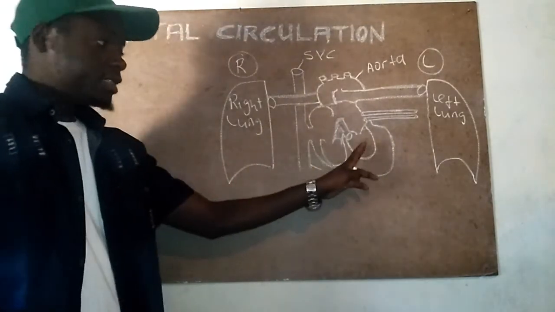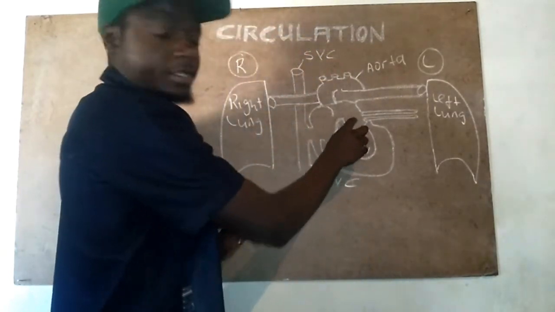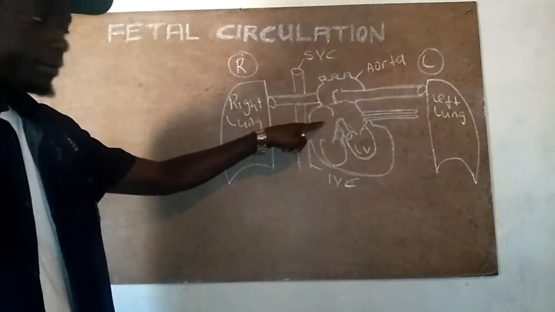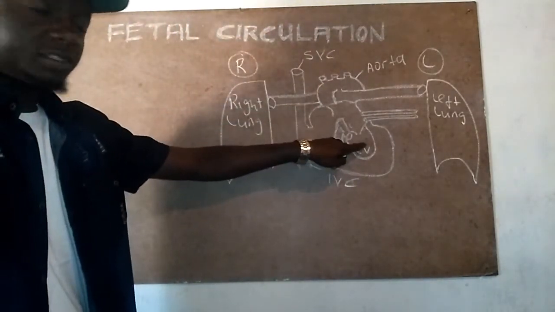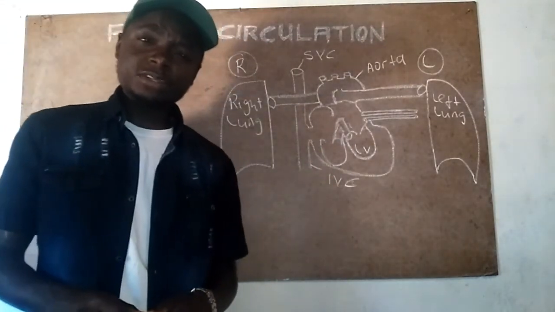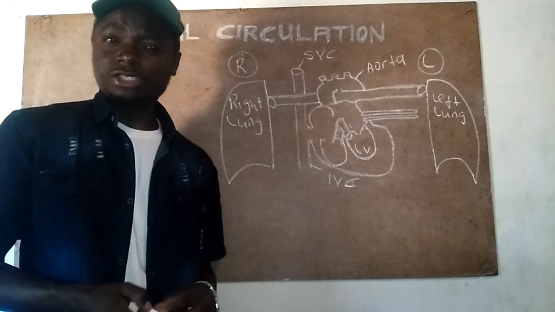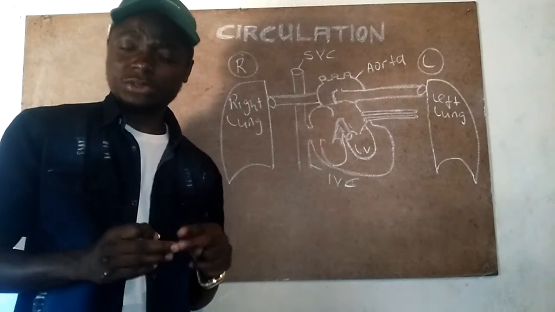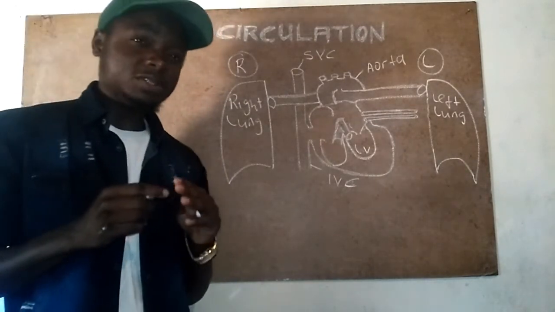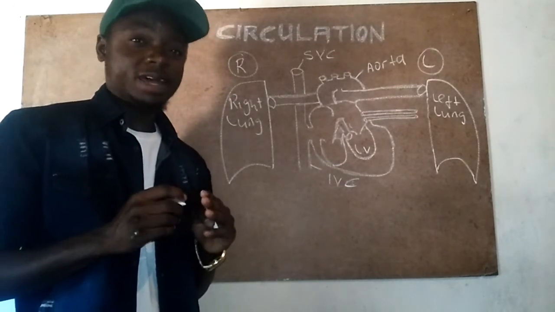But this is the left ventricle and the left atrium. So this is the left atrium, right ventricle, left atrium. Now, in fetal circulation, of course, it is different from the adult human being, in the sense that when you go on the cardiac septum, you will find that in a fetal circulation, through that septum, you are going to find what we call the foramen ovale.